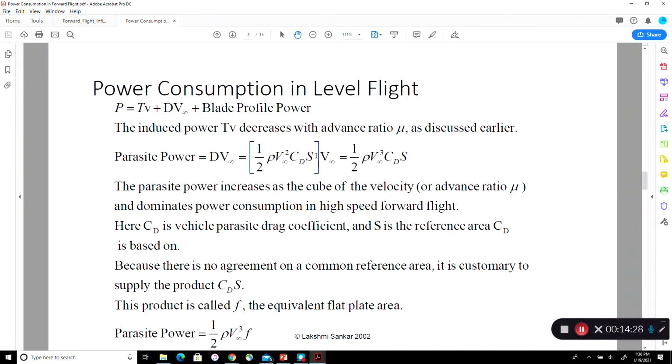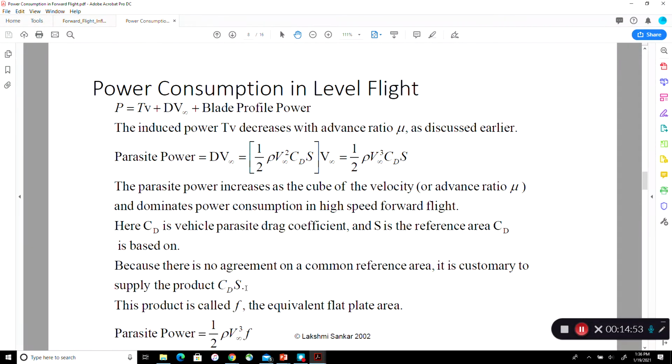So people could never come to an agreement. So they said, since I cannot determine what should be my reference area for a helicopter, I'm going to just say CD times S is something called an equivalent flat plate area. Why do we call it that? Because if you take a flat plate, hold it up vertically in air, you'll have a CD of 1.